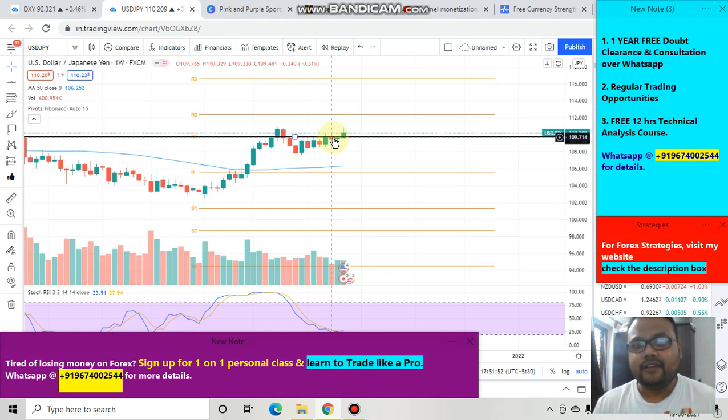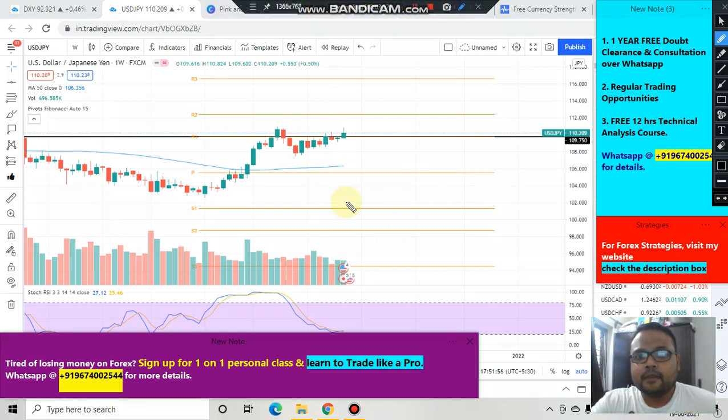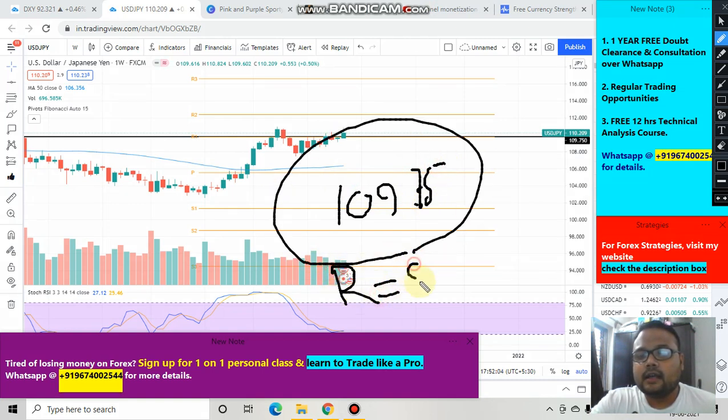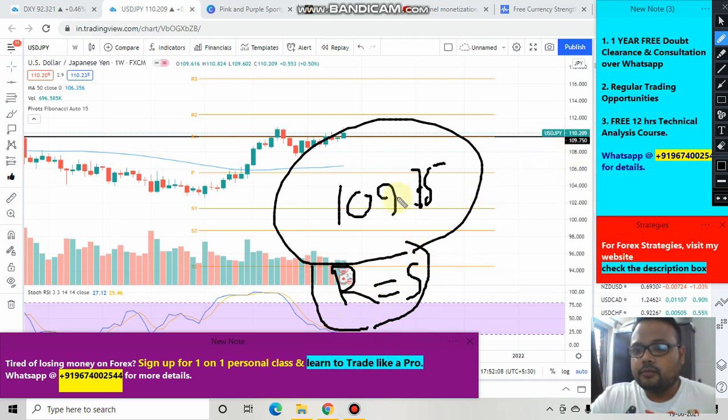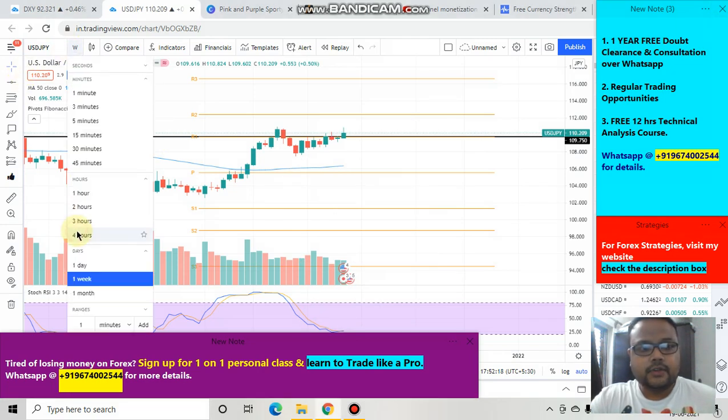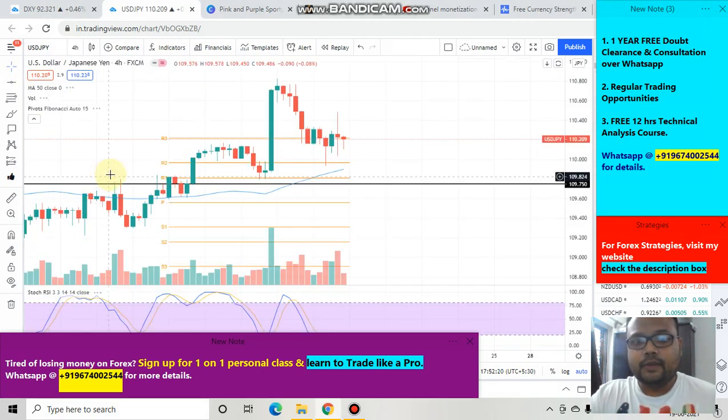So that's a relief. 109.75 is a support for us right now, because the resistance has become the support. Though the current market price is far away from this price level, this price level is equally important. So let's switch to the 4 hours time frame and see what the strategy should be.